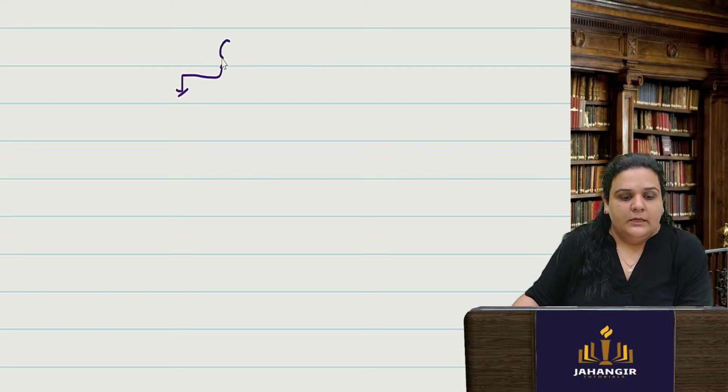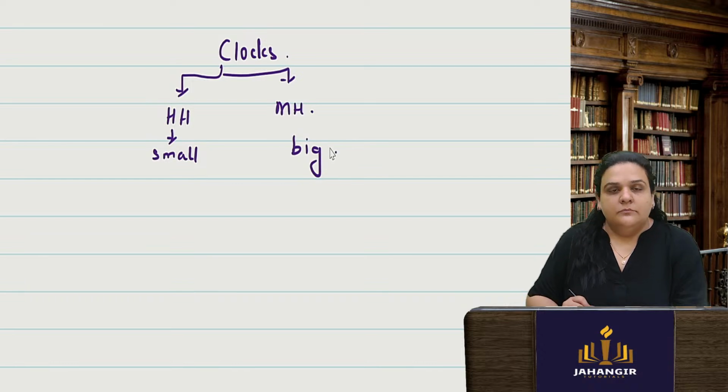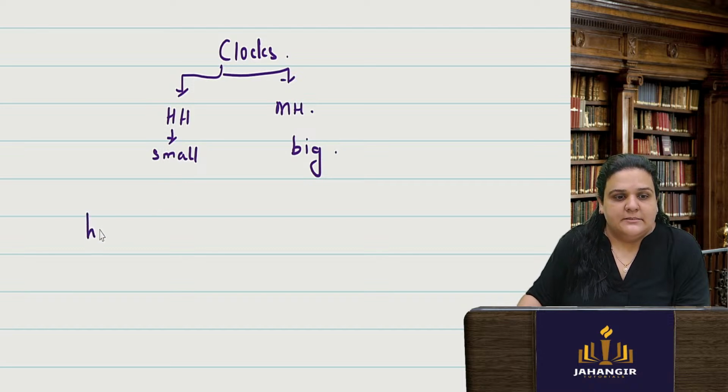In clocks, we just spoke about the hour hand and the minute hand. This is the smaller one and this is the bigger one. Now in the clock, there is something known as hour space, and there is something known as minute space.